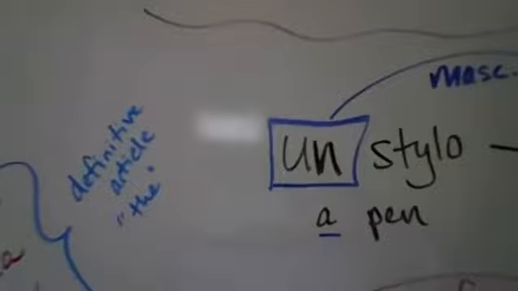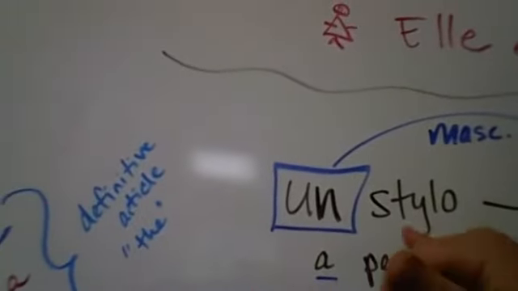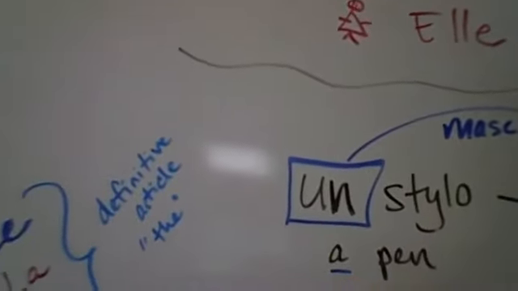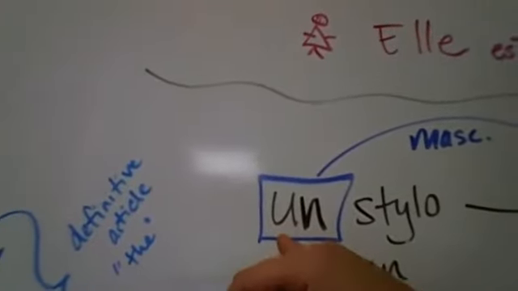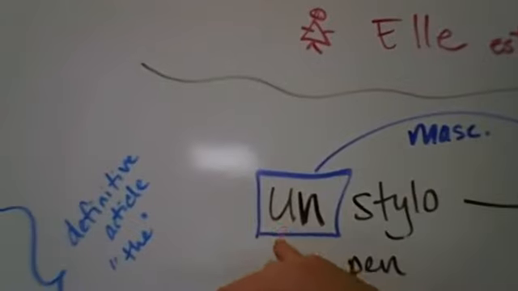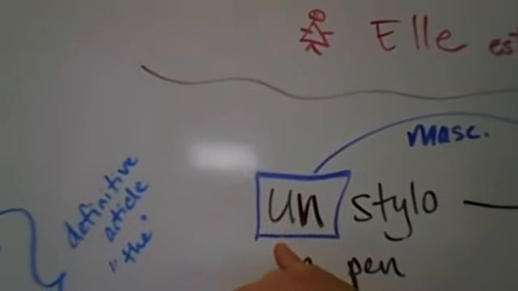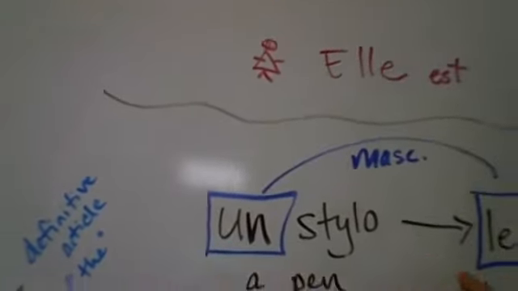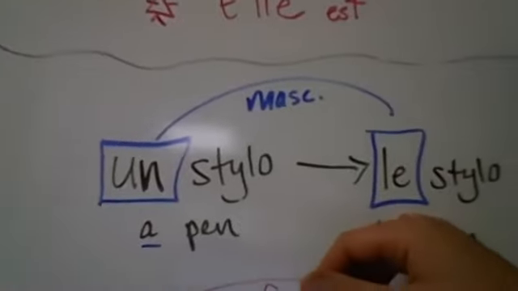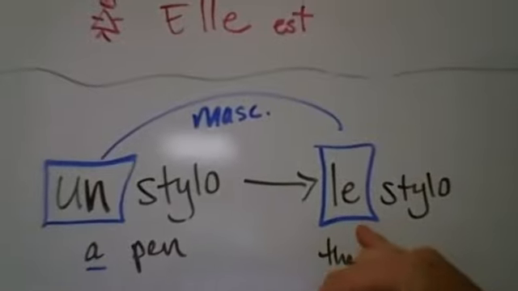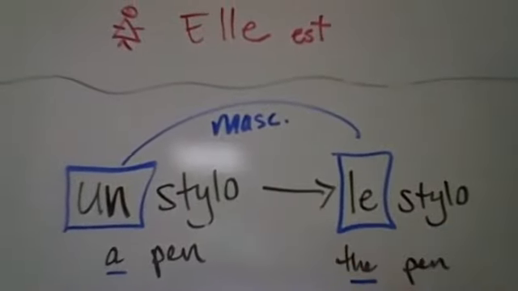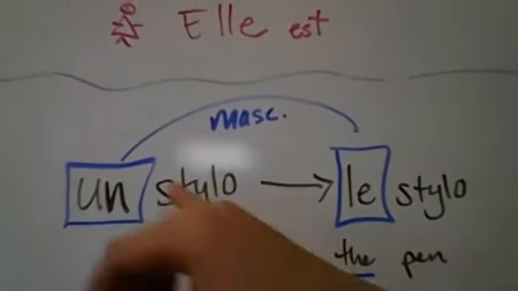So far, we know un stylo, a pen. In order to say a pen, you use the form un to say a or one. If you want to say the pen and be more specific, more definite, if you will, you're going to say le stylo, the pen, instead of un stylo.